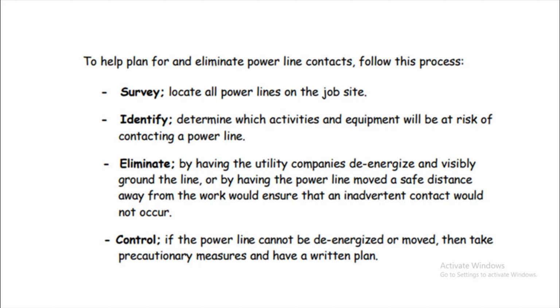Identify. Determine which activities and equipment will be at risk of contacting a power line. So you need to check if your equipment or any activity will contact the power lines. For example, excavations. There are underground utilities or power lines there, so you can hit the power lines during excavation. On this regard, you need to identify all these power lines and make sure that the area is isolated, so that all equipment and activities are aware that this location is a danger zone.